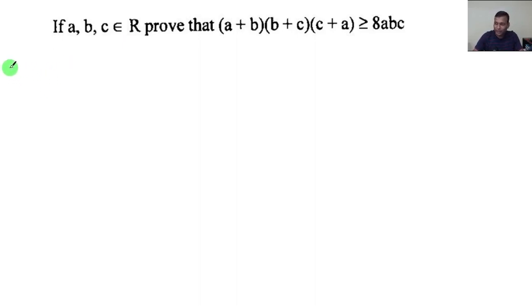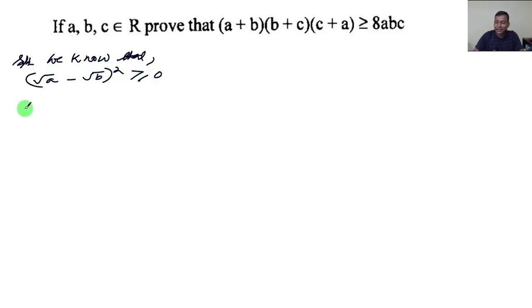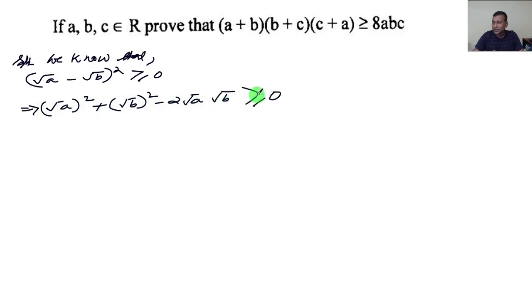So let us take one relation here. We know that (a - b) whole square is greater than or equal to 0. So a square plus b square minus twice ab is greater than or equal to 0.